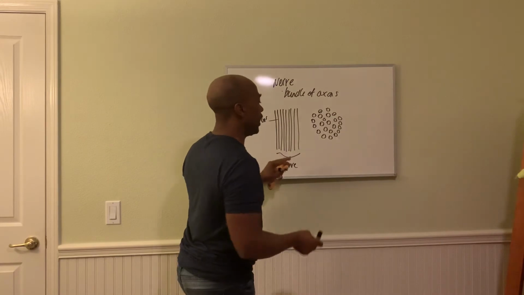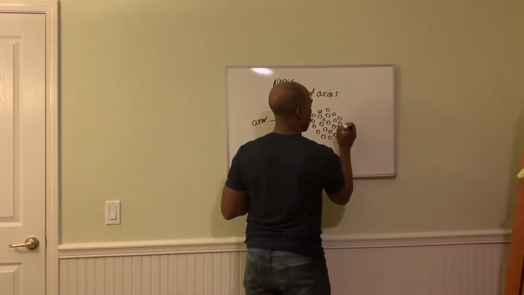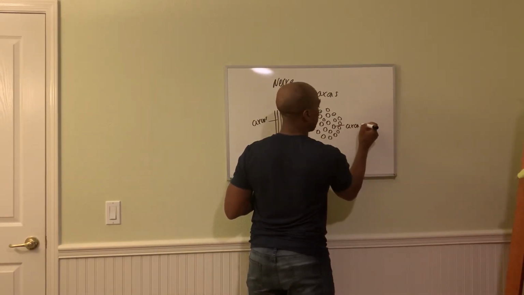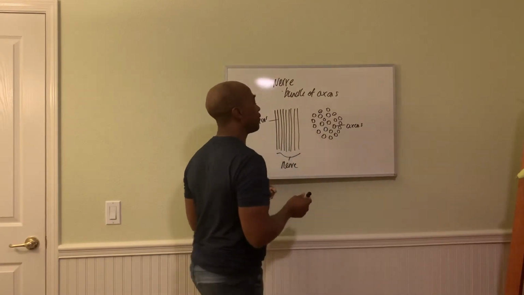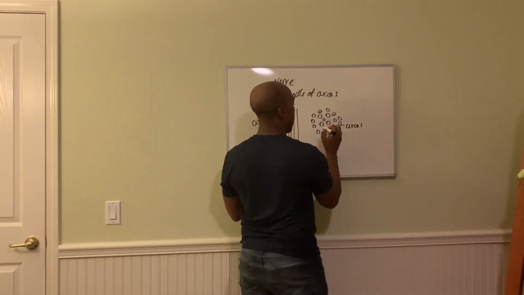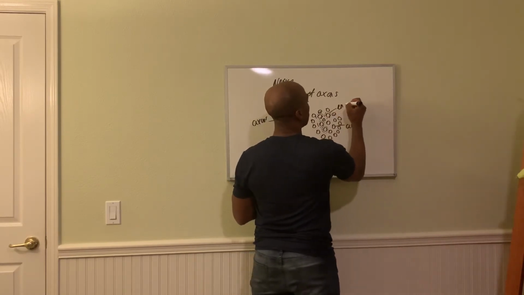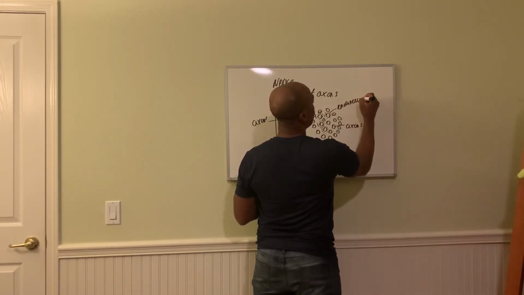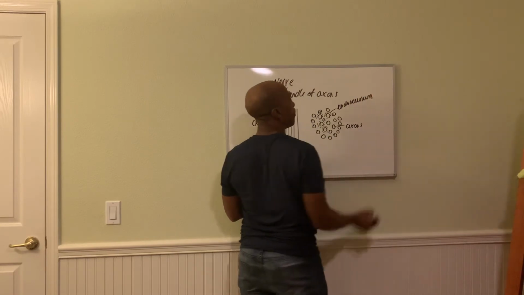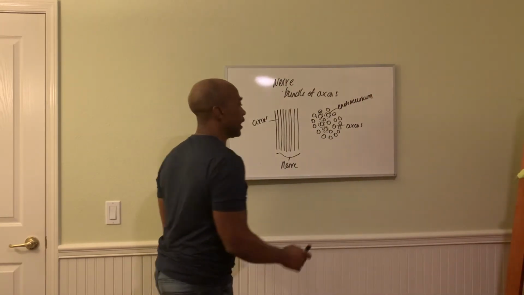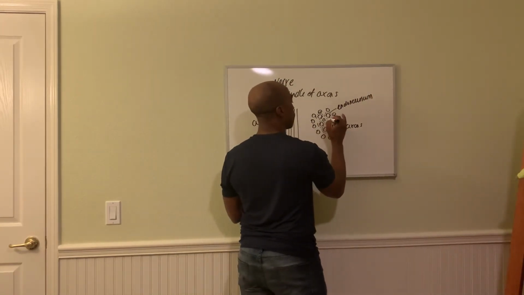And so these individual axons then will each have a wrapping around them, and that wrapping around each individual axon is called the endoneurium. That's the membrane that covers each individual axon inside a nerve bundle, endoneurium.